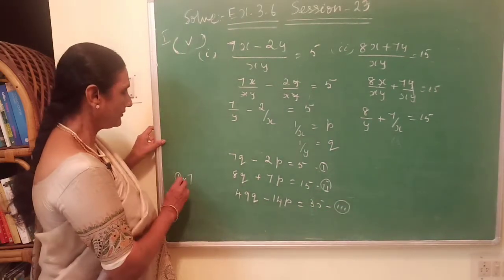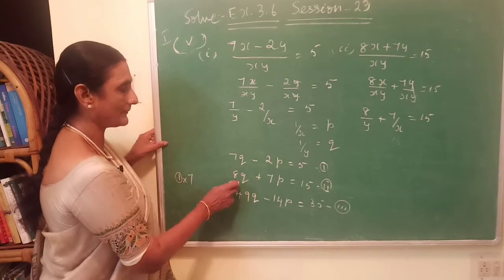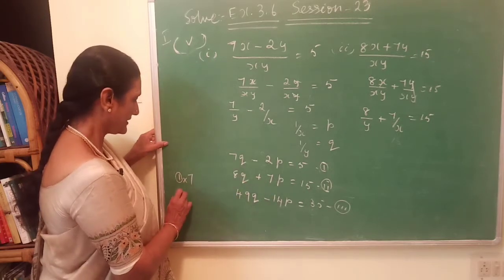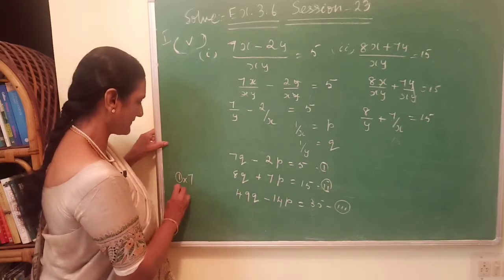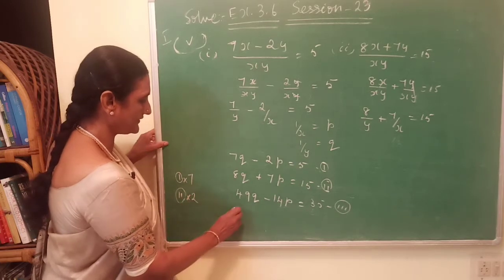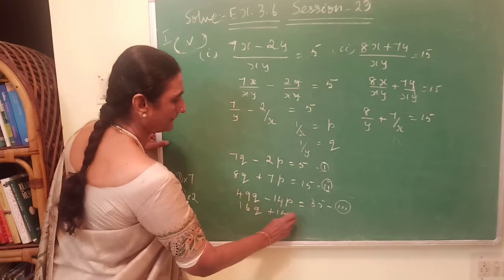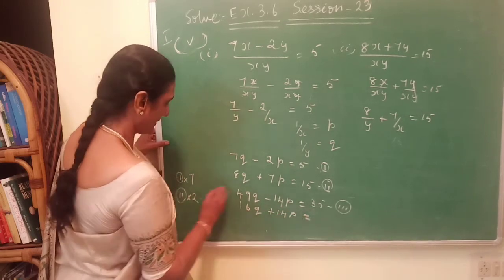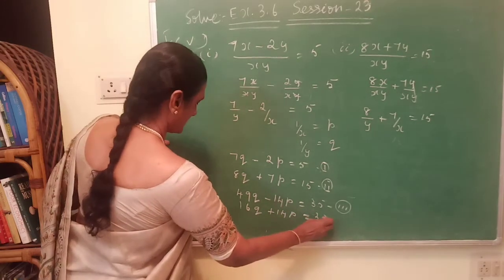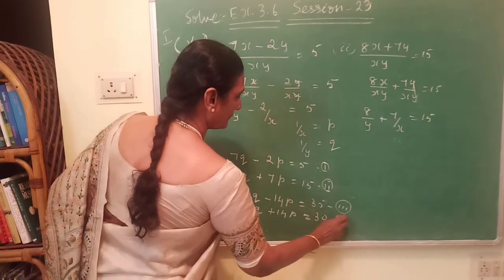Correct? Now the second equation I am going to multiply by 2. So the second equation multiplied by 2 gives you 16q plus 14p is equal to 30. This becomes equation 4.